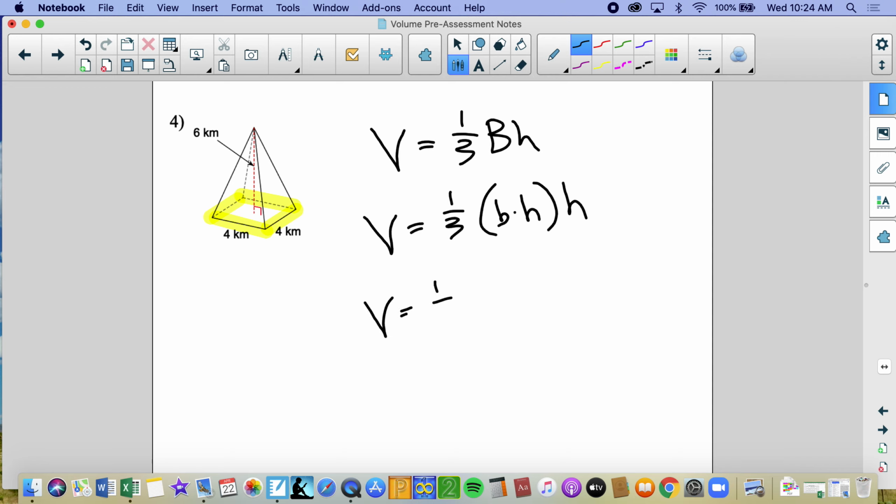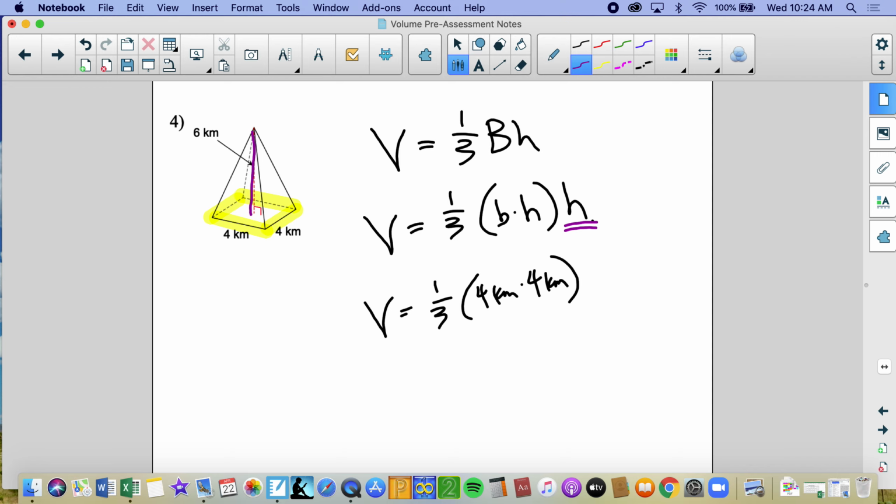So volume equals 1/3. The base is 4 kilometers, and the height of the rectangle, meaning this bottom piece, is 4 kilometers. And now we're going to multiply it by the height. Remember, the height has to be perpendicular, and it goes from the interior of the pyramid.